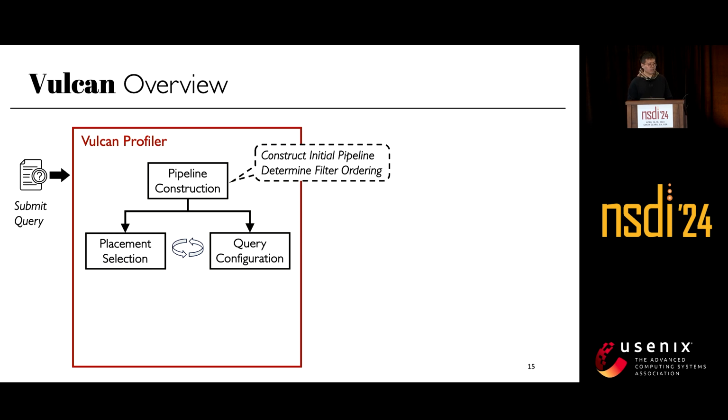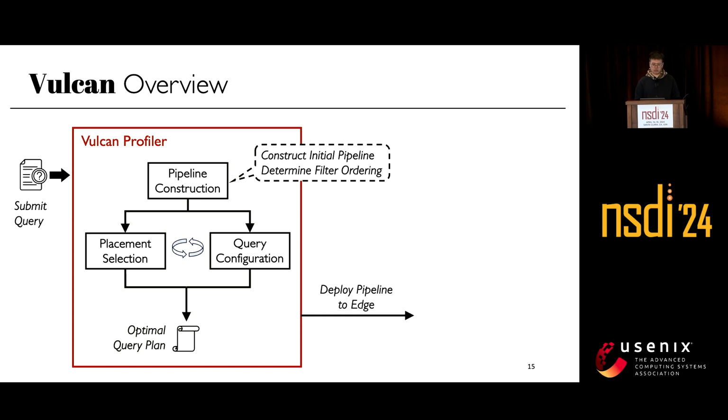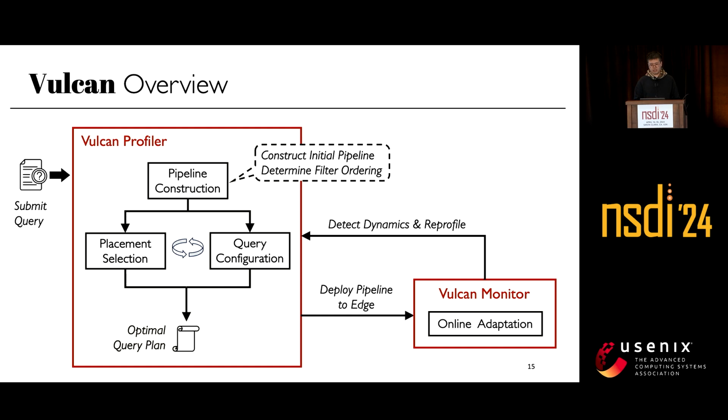Note that this step is done in a low-cost fashion to improve profiling cost. It then selects the optimal query plan and deploys the pipeline onto the edge. Finally, Vulcan Monitor is responsible for online adaptation by detecting runtime dynamics and performs fast reprofiling.